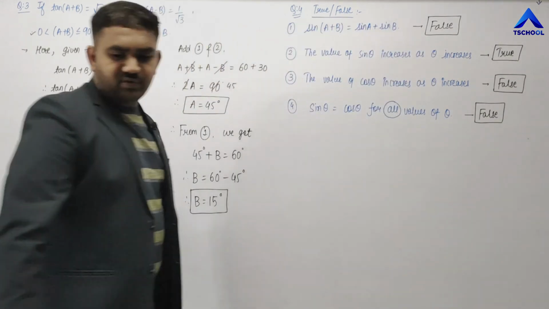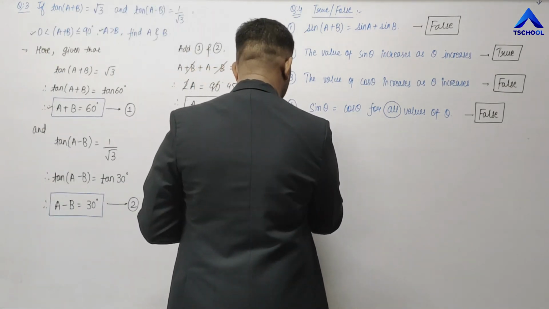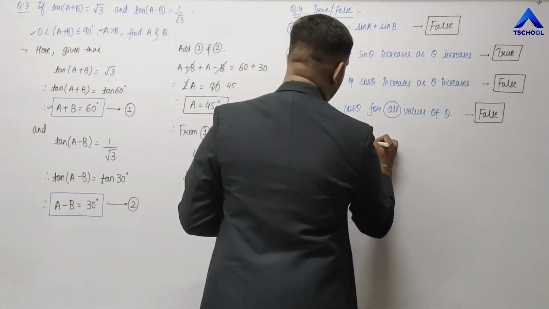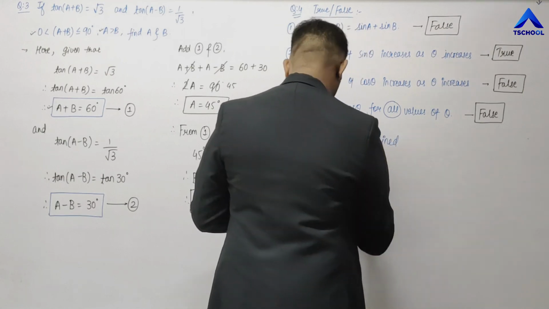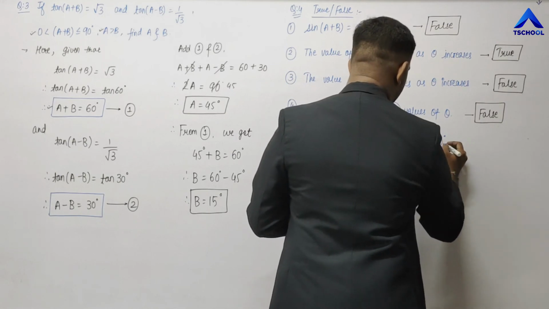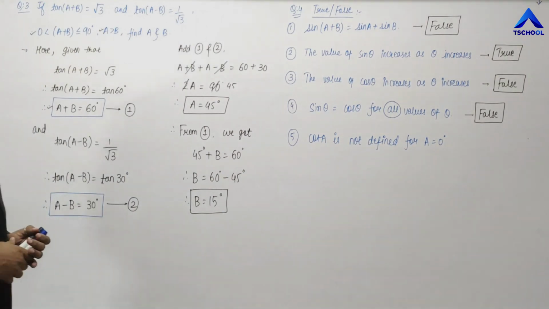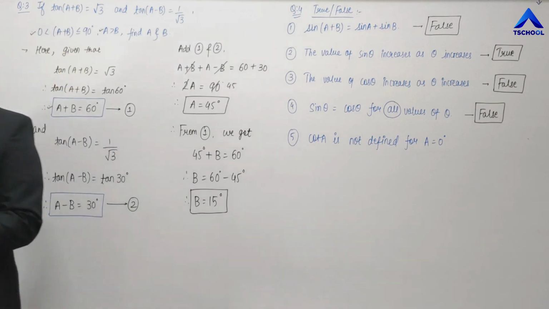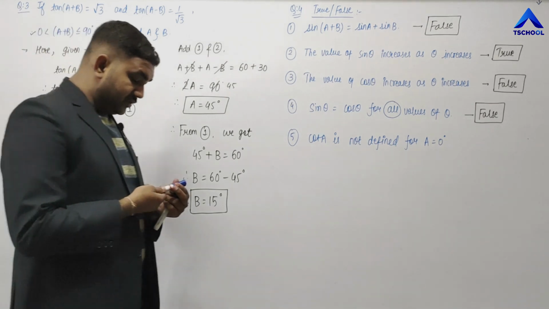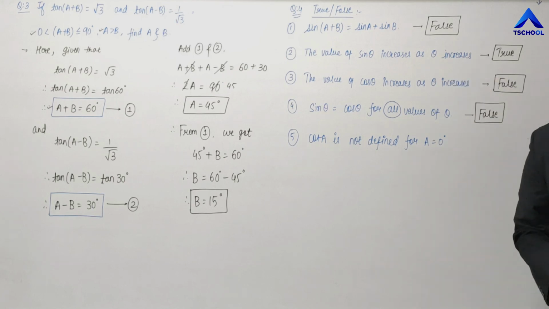And the fifth one, you can directly see from the table that cot A is not defined for A equals 0 degree. So is cot A not defined for A equals 0 degree? For that you need to memorize the table of 0 degree, that means you need to remember the column of 0 degree.